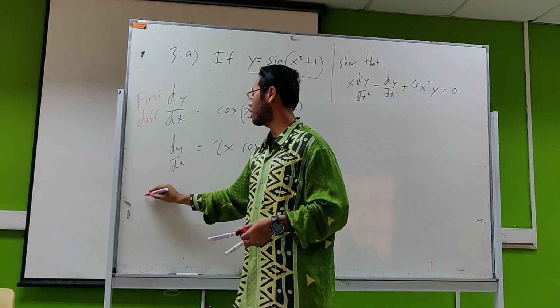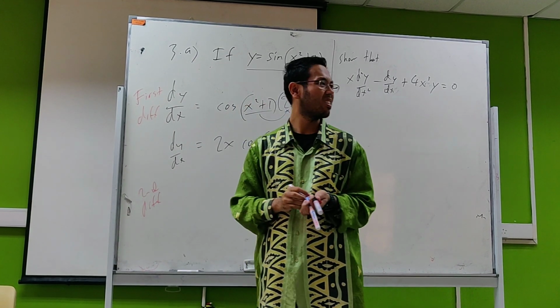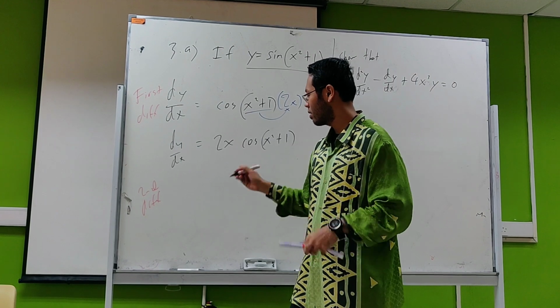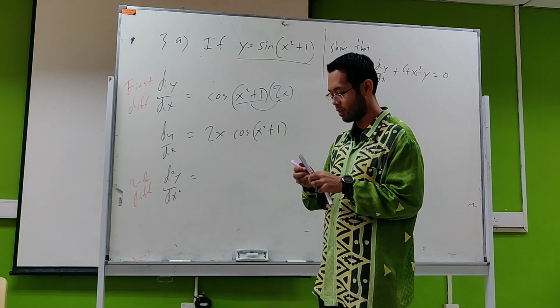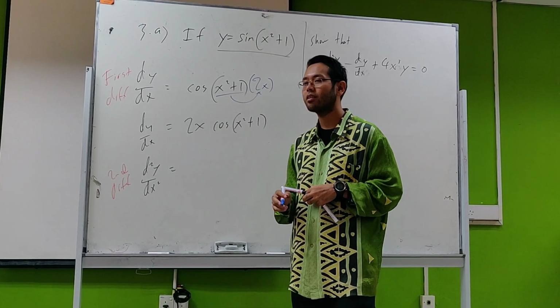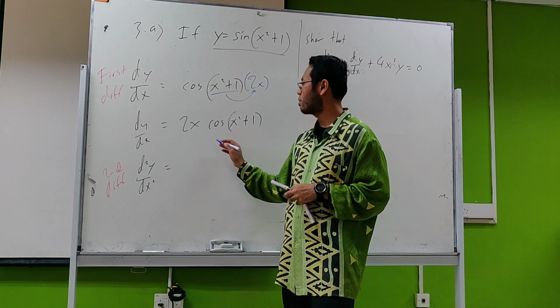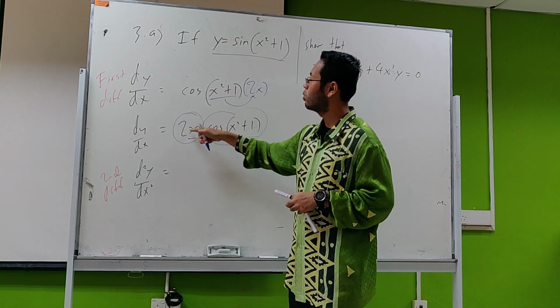And we need to differentiate again. d squared y dx squared is equal to, how do we differentiate this one? Product rule. Why? Two different elements. Yes, you can treat these two together, but it's too big with the 2 as well.